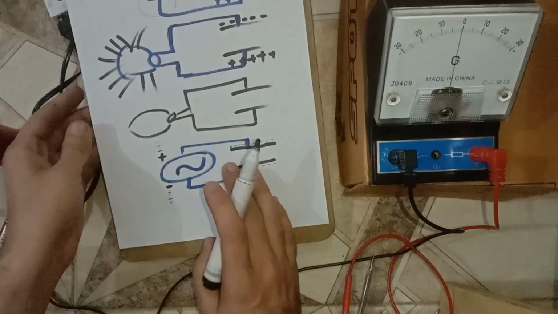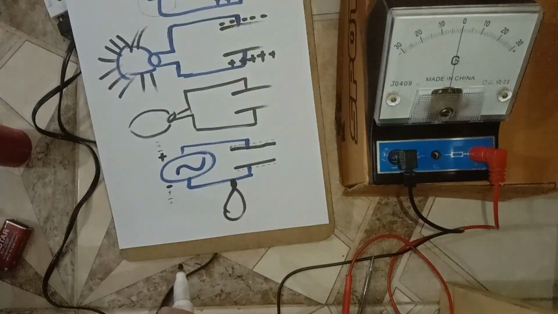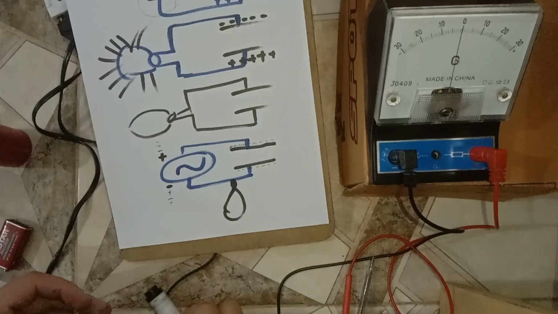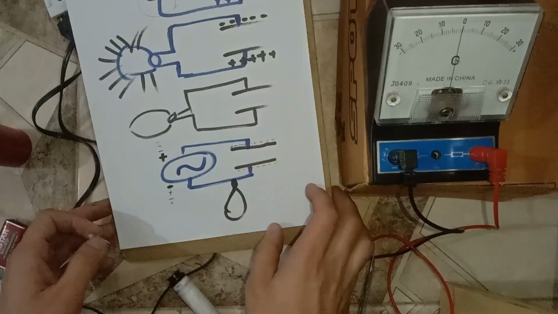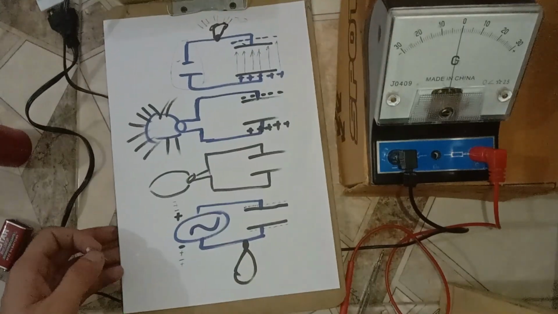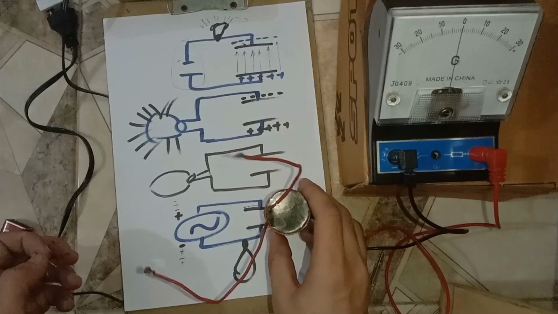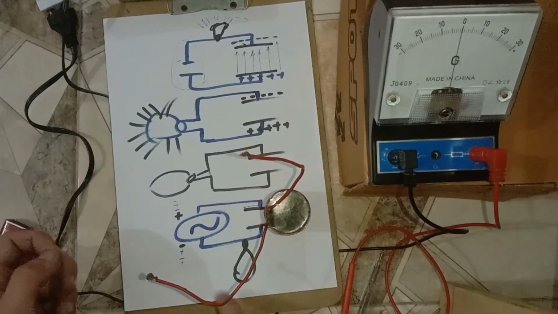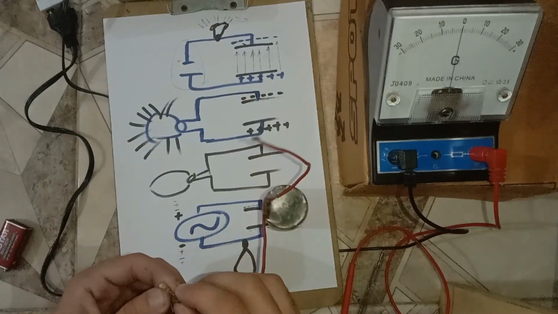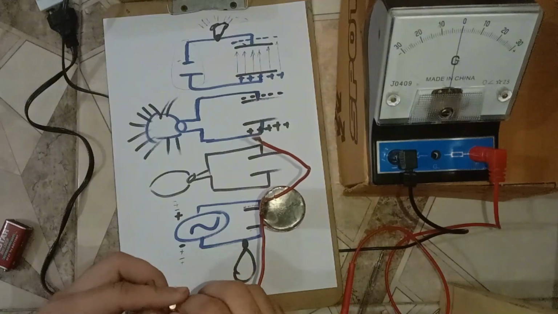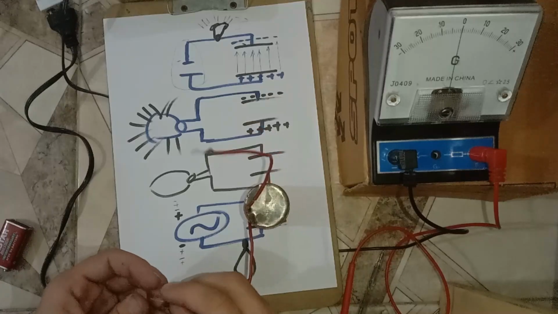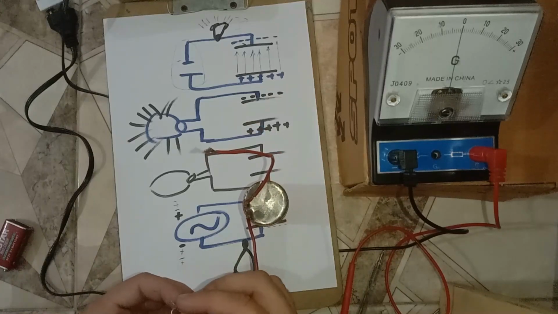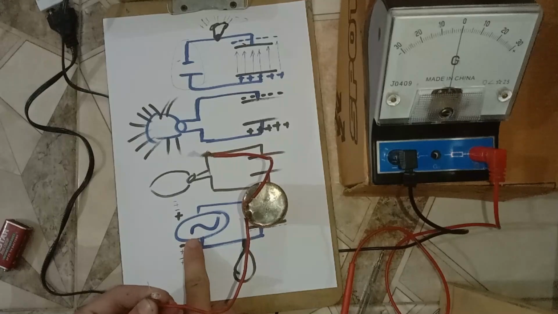So what will happen in the AC case? For that I will have this capacitor, the same scenario. Here we will have this bulb attached with this terminal, and the other terminal of this bulb will attach with the AC supply.